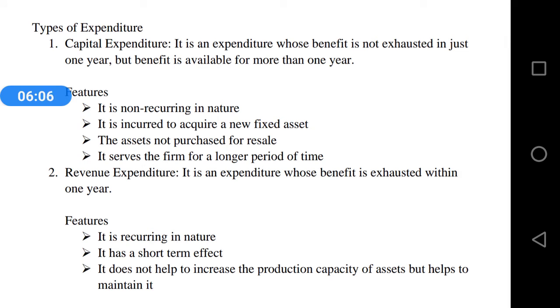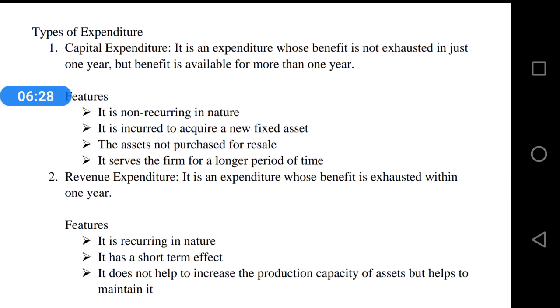These kind of assets are purchased with an intention of generating income. So we can get the benefit from these assets for a longer period of time. So it is called capital expenditure, whose benefit is not exhausted in just 1 year.